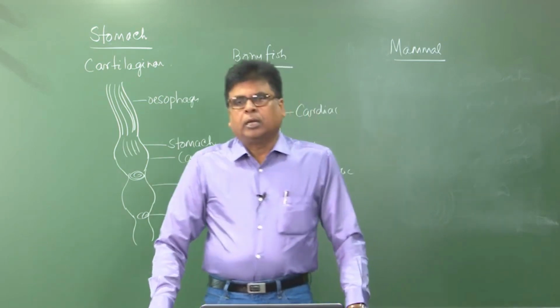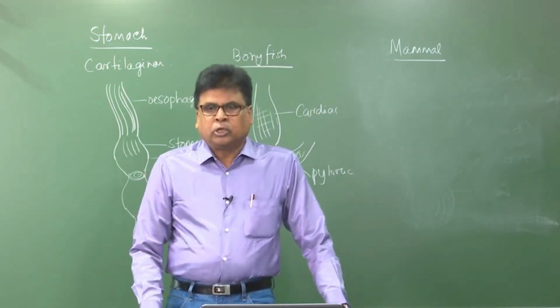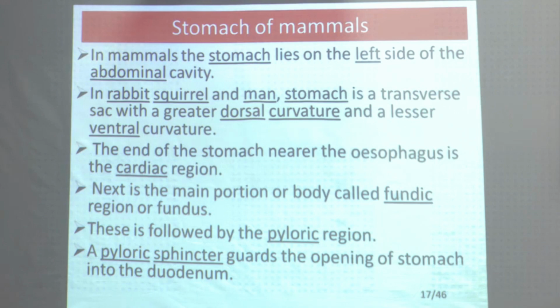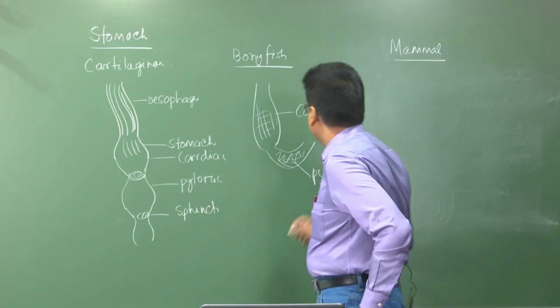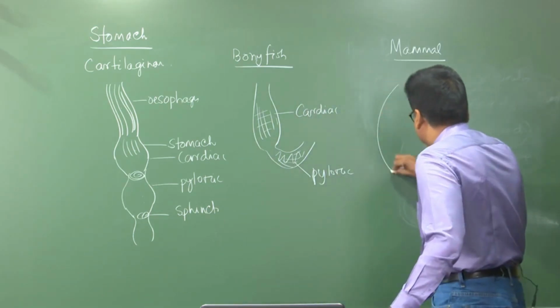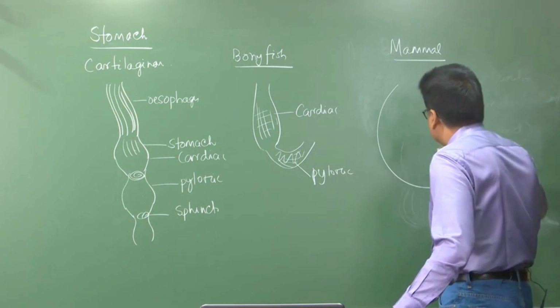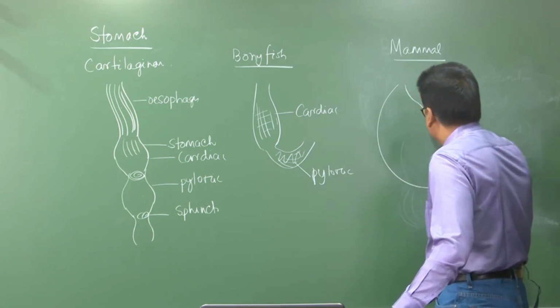In rabbit, squirrel and man, the stomach is transverse shaped with a greater dorsal curvature and a lesser ventral curvature. For example, this is the stomach: this is the dorsal curvature and this is the ventral curvature.